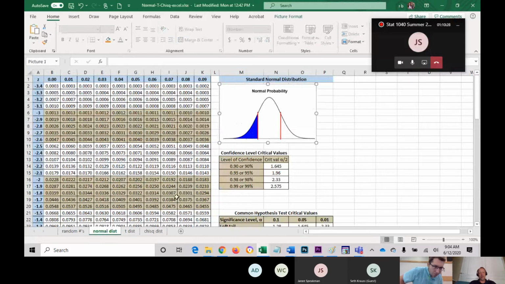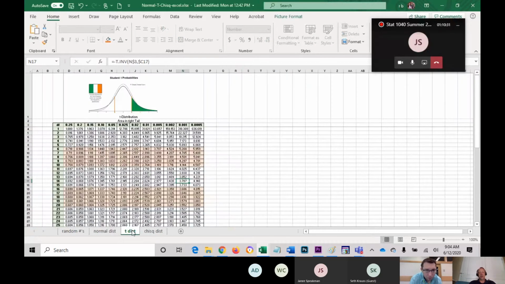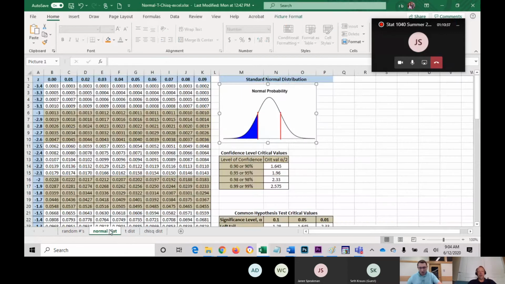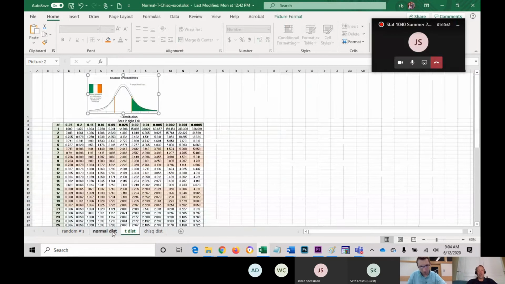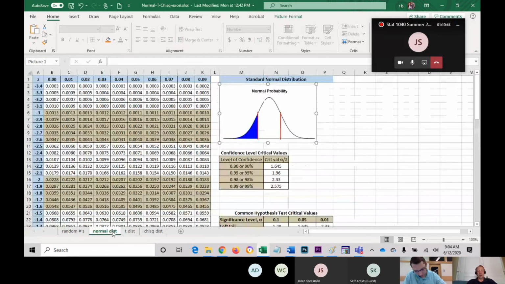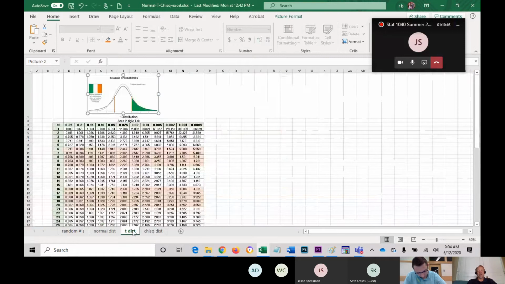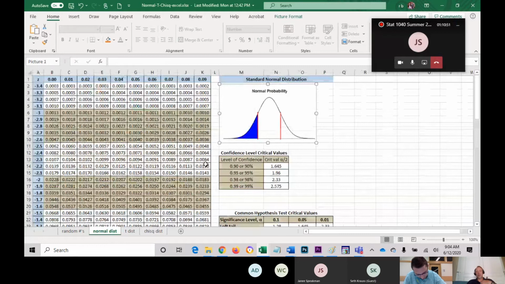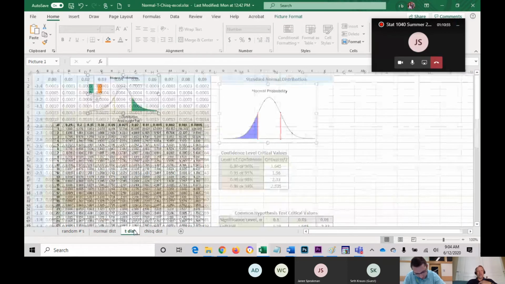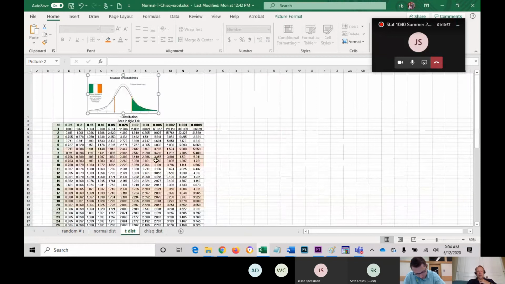Now let me just show you something. I know I haven't taught you the t-distribution. We're going to introduce it very briefly today. The t-distribution gives the area to the right. So make sure when you're trying to decide whether it's a z or a t, does it give you the area to the right or to the left? Okay, that's going to make a big difference. If you're using a z distribution or a normal distribution, you're going to take the area to the left. If you're using a t-distribution, it's going to give you the area to the right.